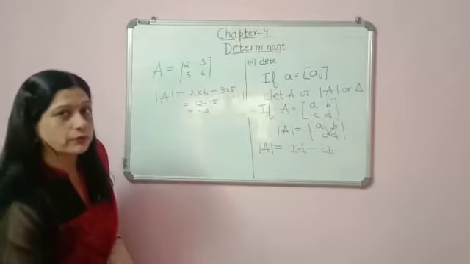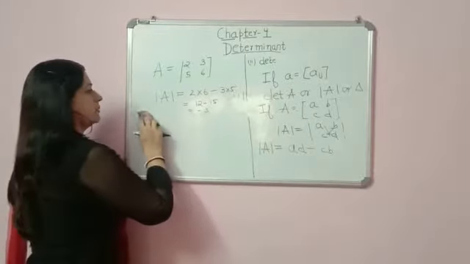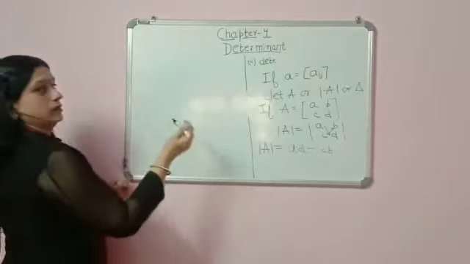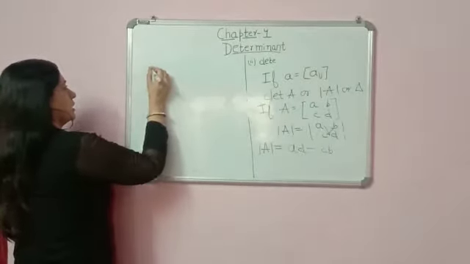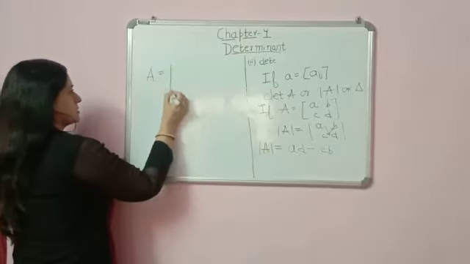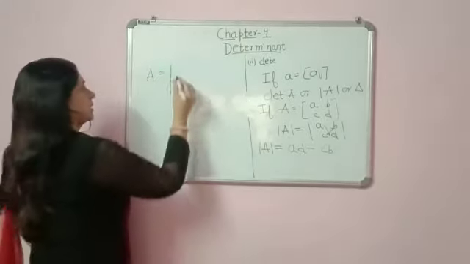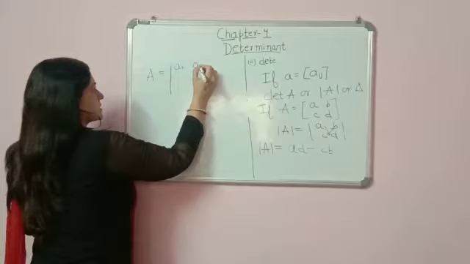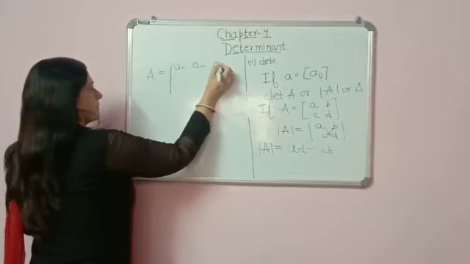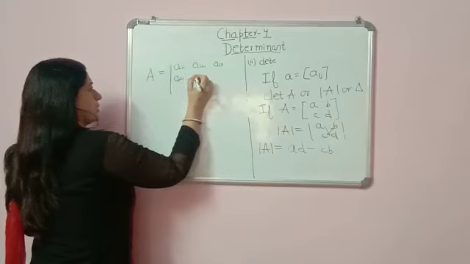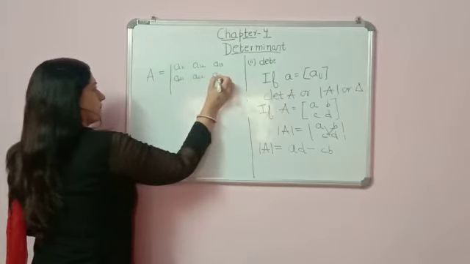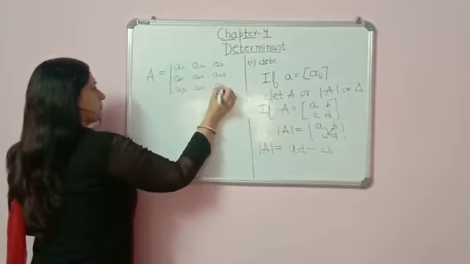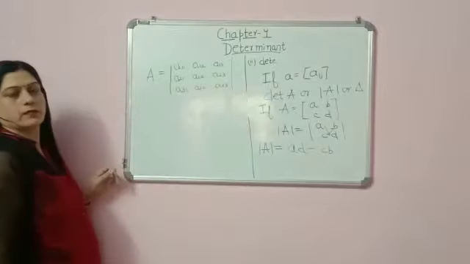Now let us see how to find the determinant of any matrix of order 3. Let us take any matrix of order 3 and denote it by the standard notations: a11, a12, a13, a21, a22, a23, a31, a32 and a33.